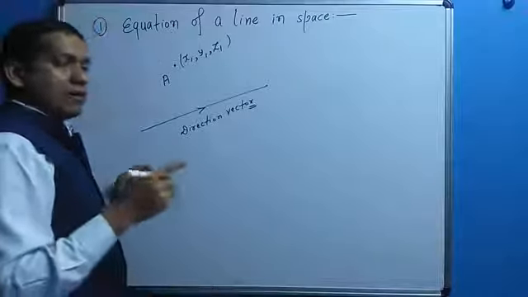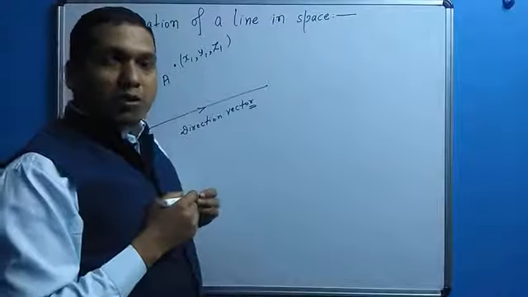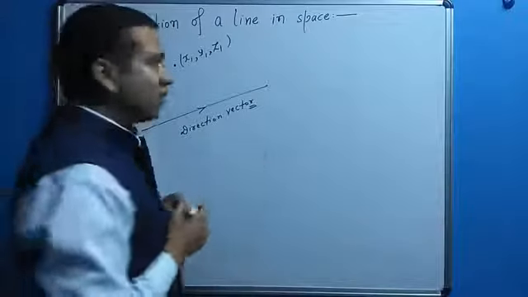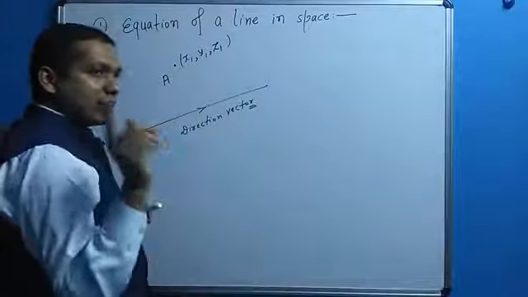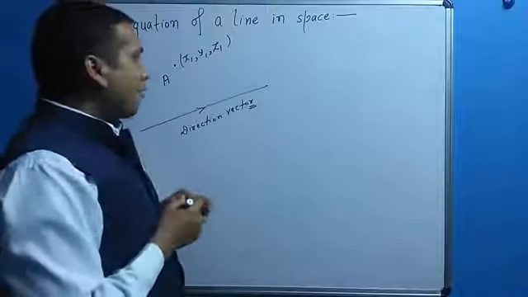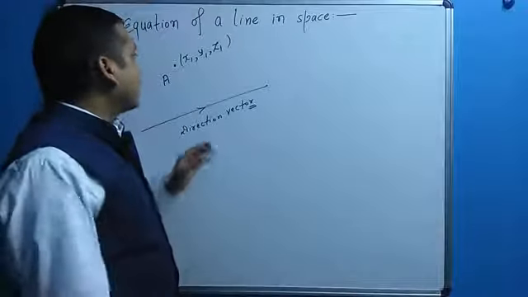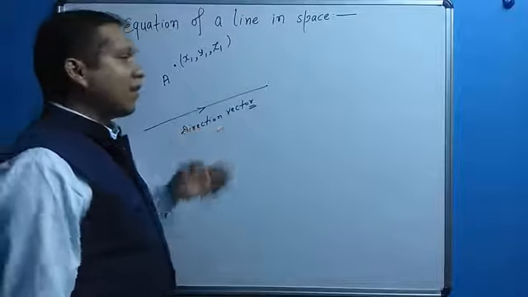As I have mentioned earlier, to determine the equation of a line in space, we require two things. First, the coordinate of a point, and second, a direction vector. We also need to understand why this direction vector is required.